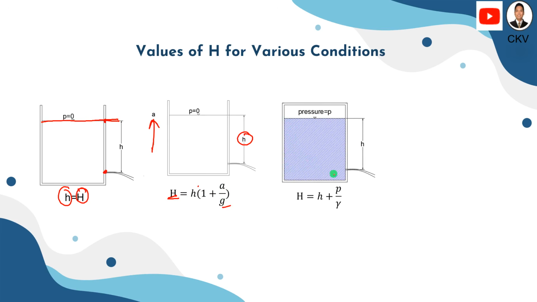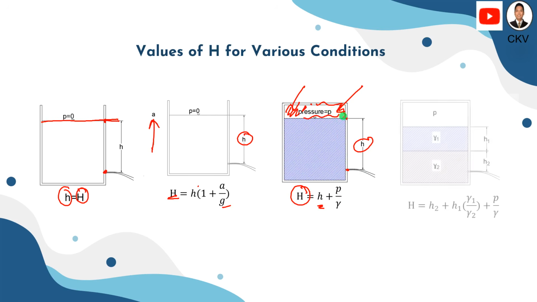Then if we have a closed container where there is an additional pressure of air above the liquid, the total head is just equal to the height of the liquid measured from the opening to the liquid surface, added to the pressure head due to the air pressure.